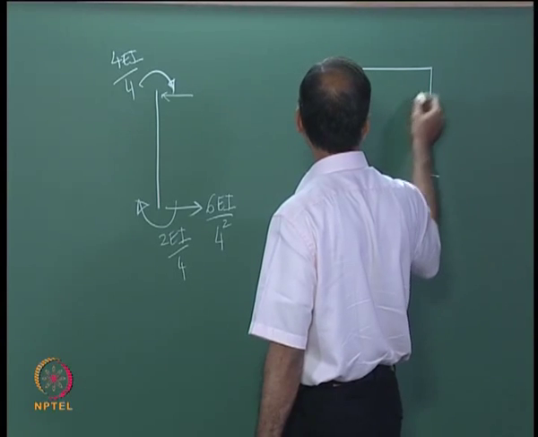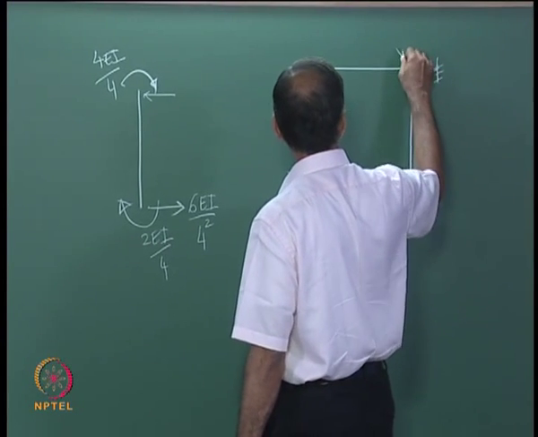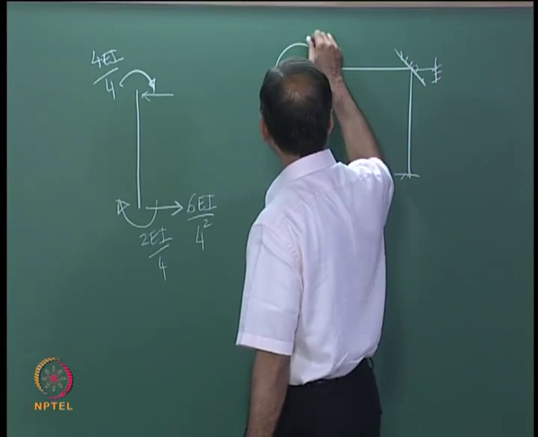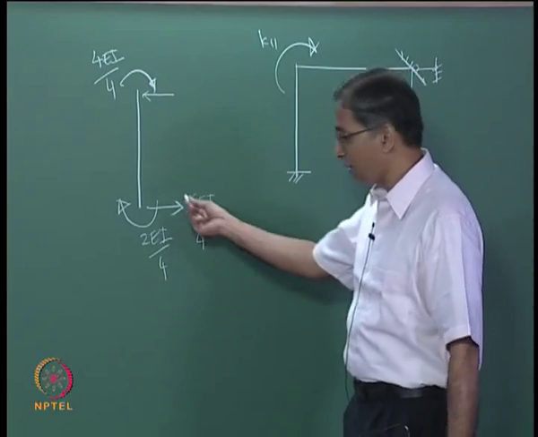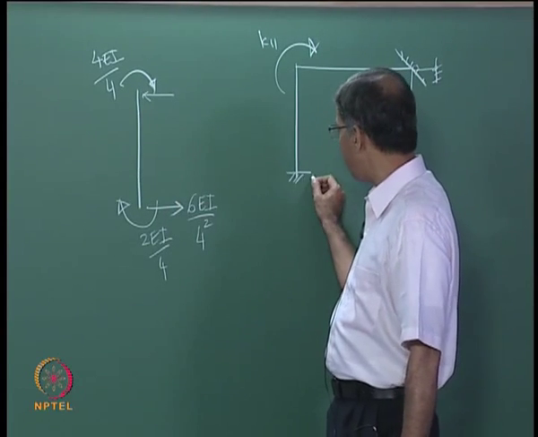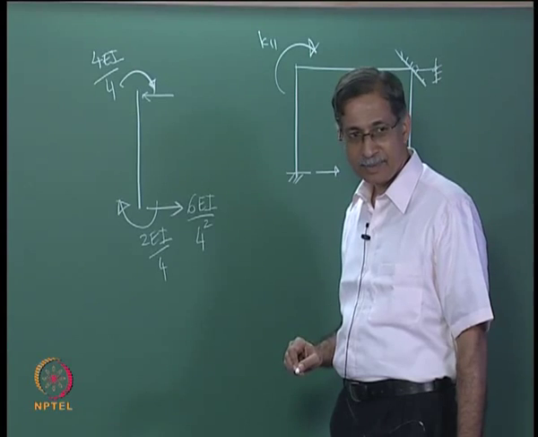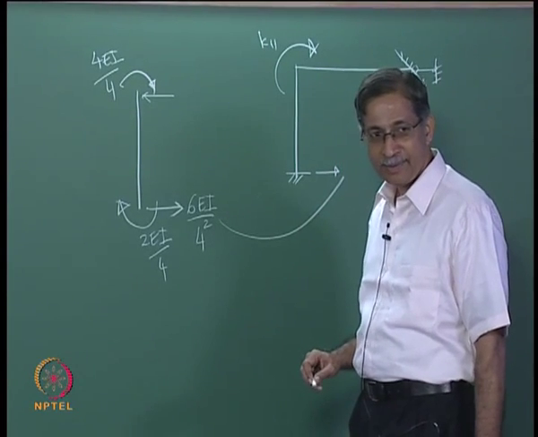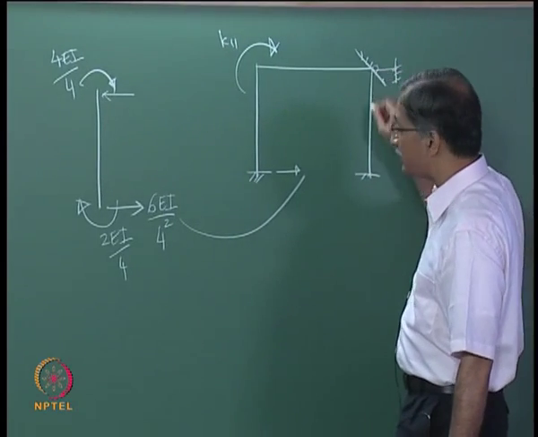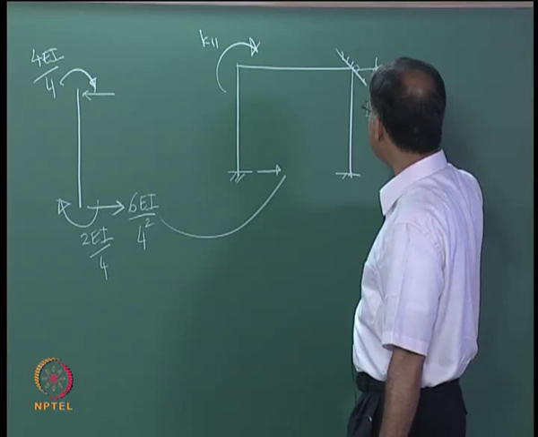And so if you take that frame in which you arrested this degree of freedom and arrested this degree of freedom and you applied K11, equilibrium suggests that you will definitely get a horizontal reaction here which is equal to this quantity, and you don't get anything here because this doesn't bend. So the reaction you get here will be equal to how much?